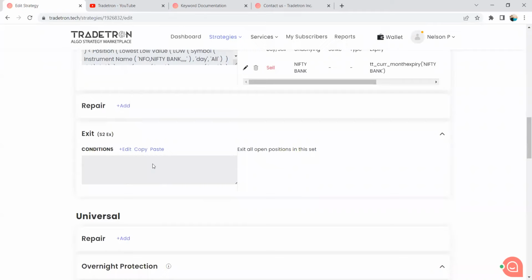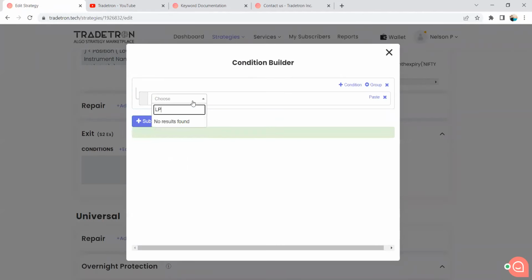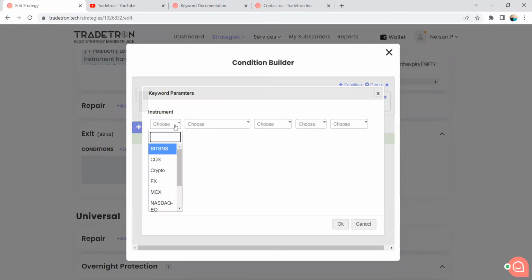And then for exiting the short position, we will select a condition where the LTP is again above the highest high. Only for this example, you can put any kind of exit condition as per your requirement.